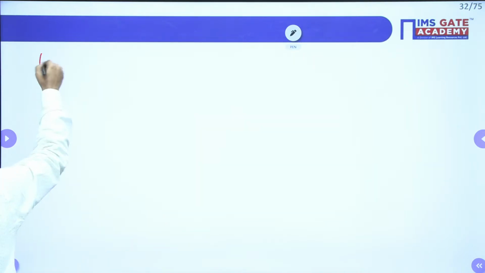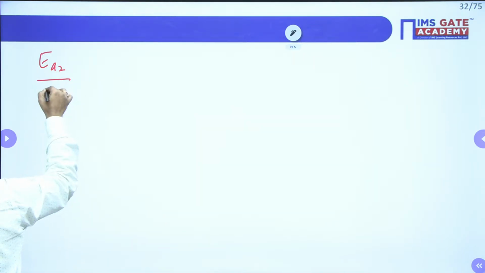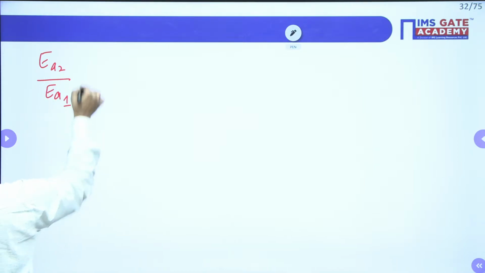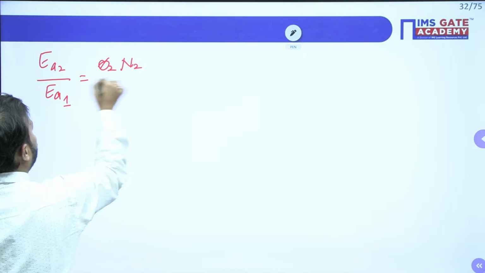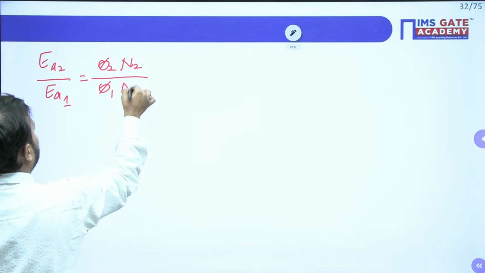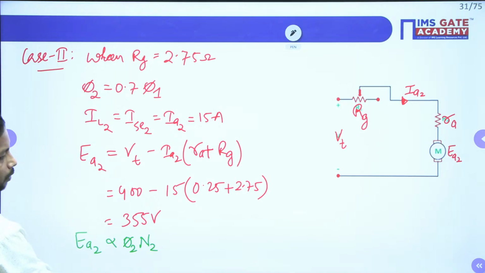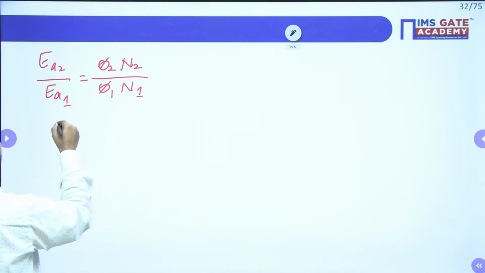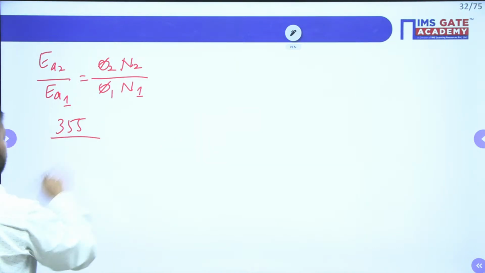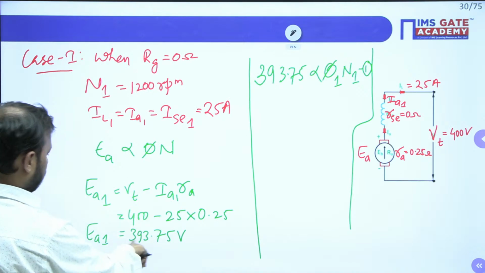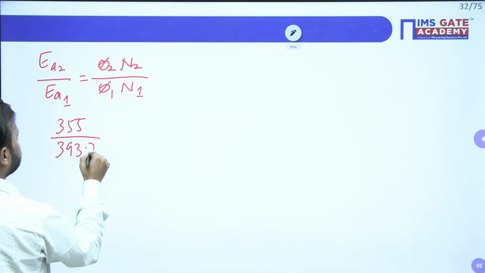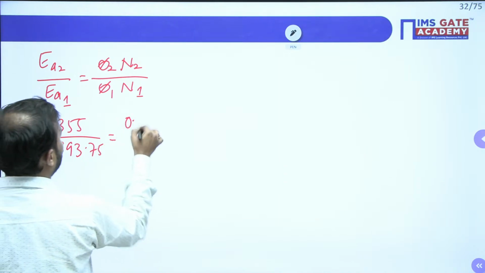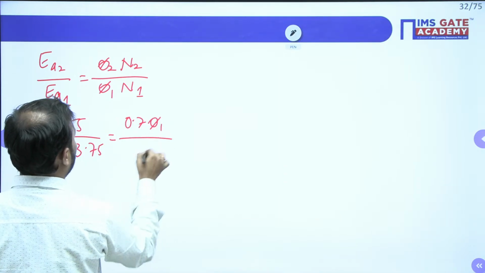So EA2 divided by EA1 is equal to phi 2 N2 over phi 1 N1. EA2 is 355, EA1 is 393.75. Phi 2 is 0.7 times phi 1, divided by phi 1.